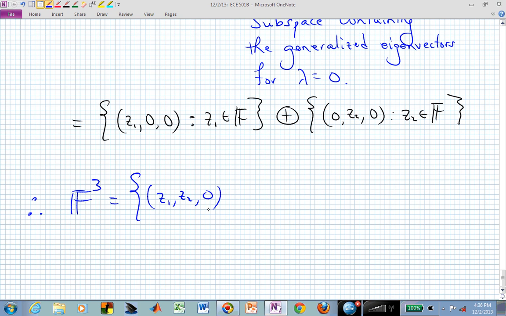A two-dimensional subspace direct summed with the one-dimensional subspace associated with the eigenvalue lambda equal to 1.